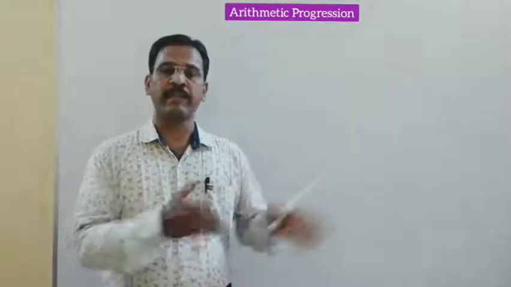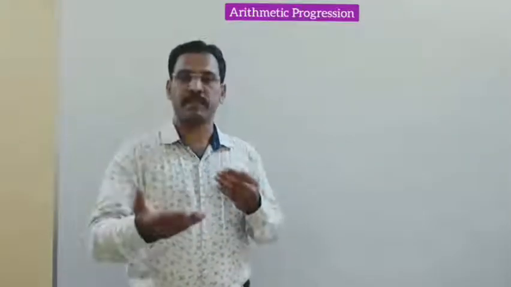See friends, we just discussed by activity from that computer screen. Now look here, progression. What is that progression? If there is some relation between two consecutive terms of a sequence, it is called a progression. In progression there are actually three types.